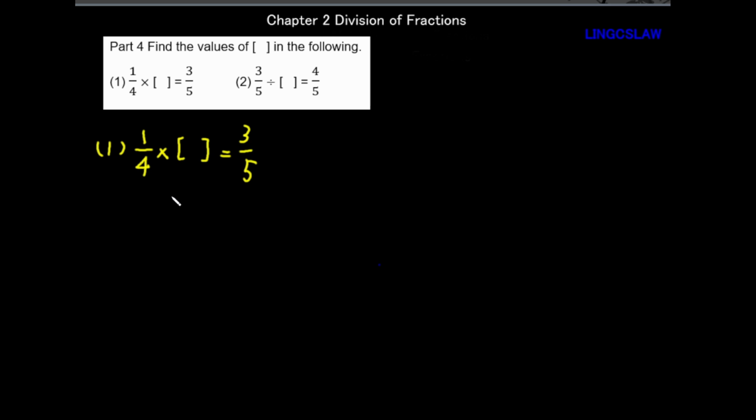Now let's multiply both sides by 4, and this equation stands.